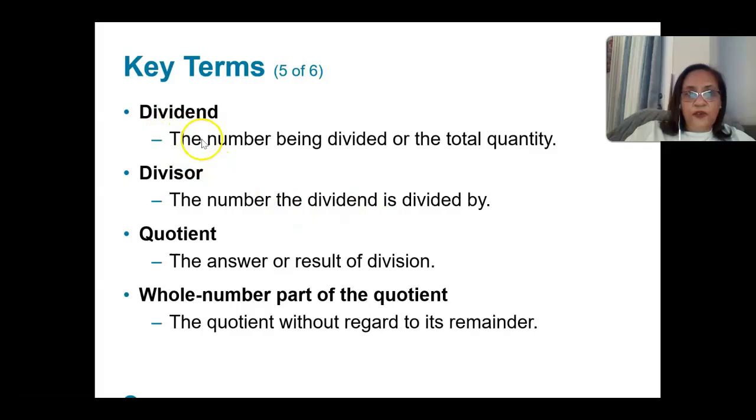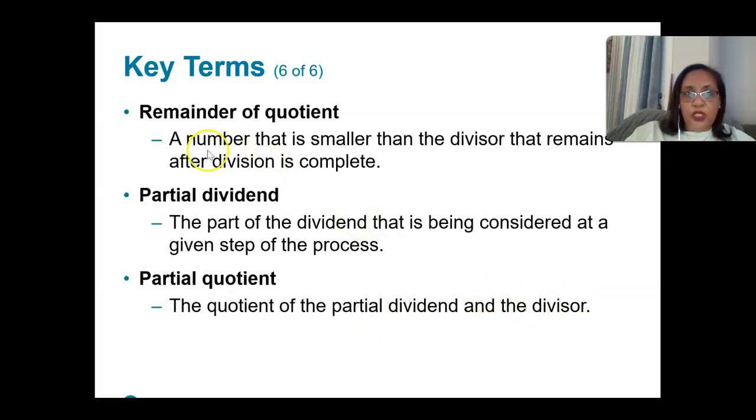Key terms: dividend, the number being divided or the total quantity. Divisor, the number that the dividend is divided by. The quotient is the answer or result of the division, the whole number part of the quotient without regard to its remainder. The remainder of a quotient, a number that is smaller than the divisor that remains after division is complete.